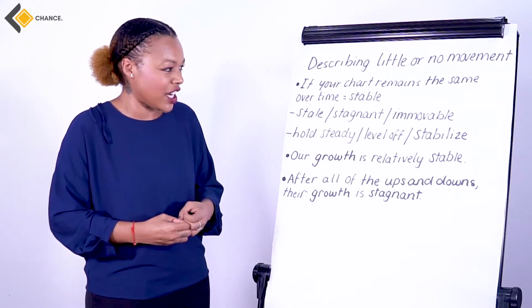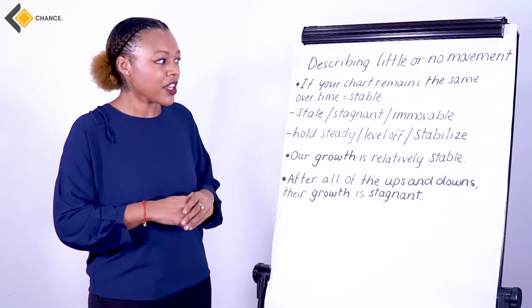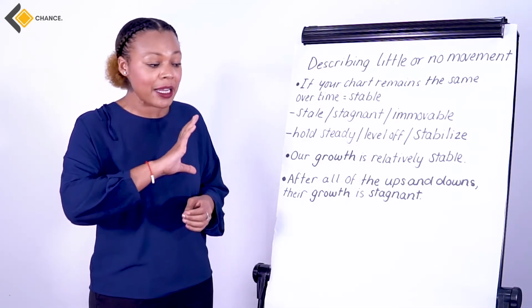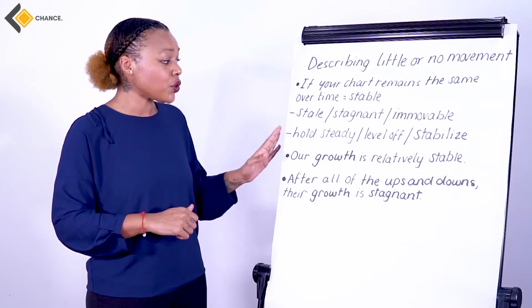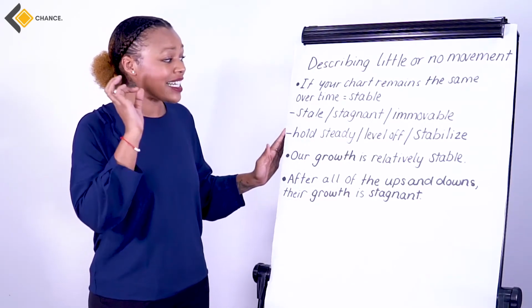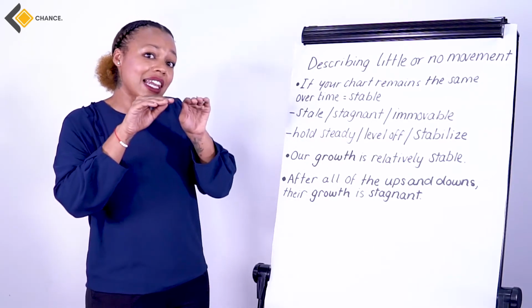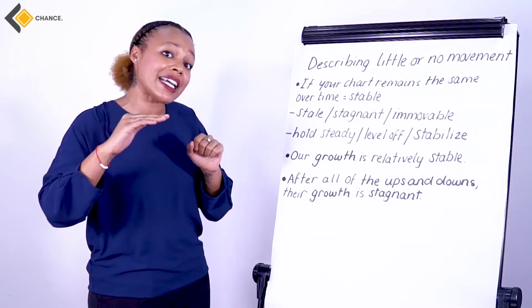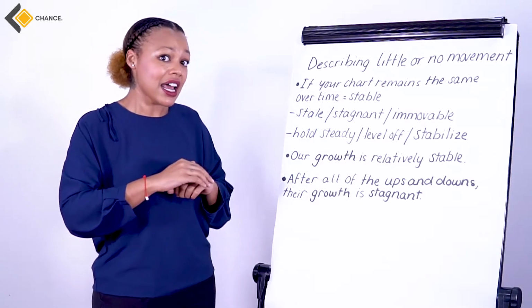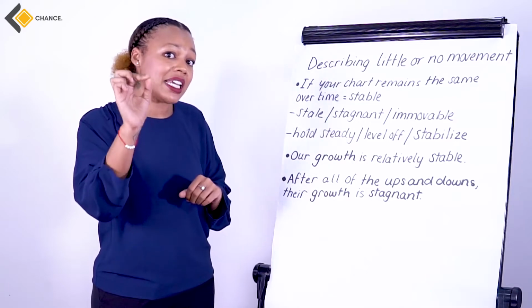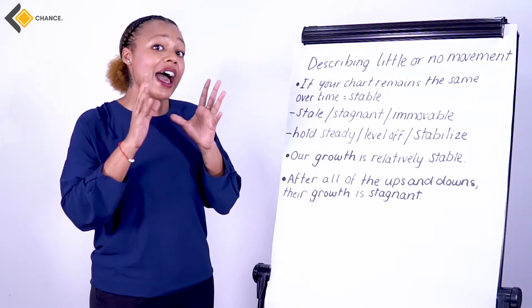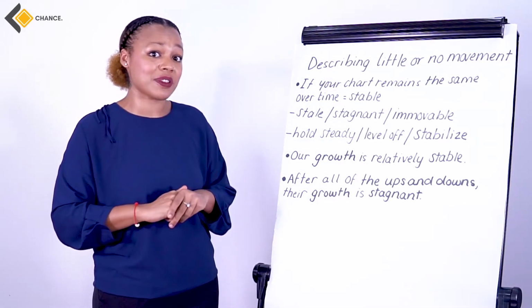Your energy, these numbers, they are immovable. Immovable. You could say that they are holding steady, or they are leveling off, or they are beginning to stabilize. I want you to check the meaning of some of these words, and then I would like you to make some sentences.